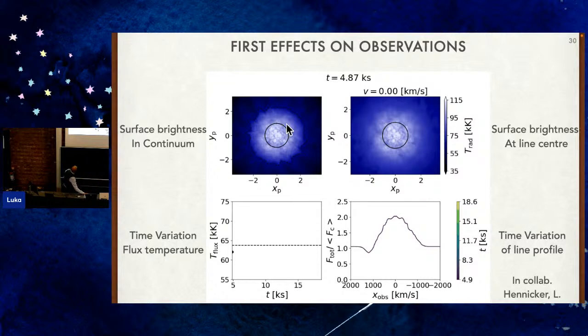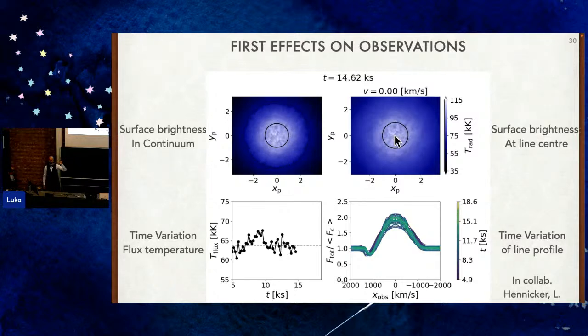Here on the top, you will see the stellar appearance, what we think Wolf-Rayet stars would look like if we were able to resolve them. Here will be in continuum, and here will be at a certain frequency. Does it work? Yes, it works.